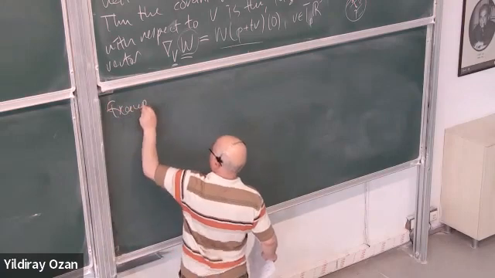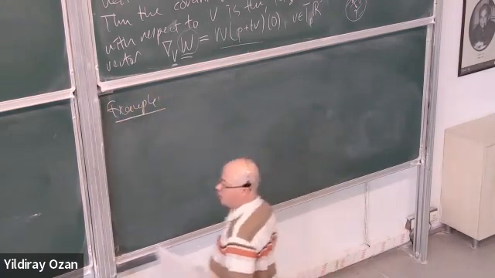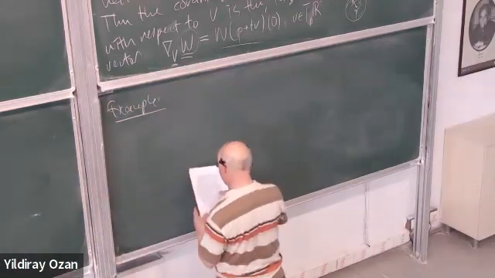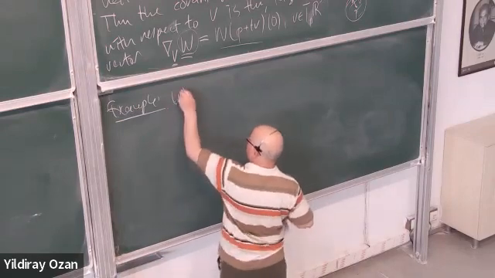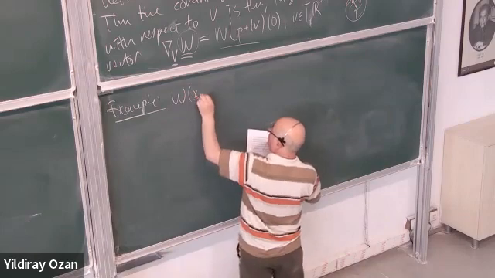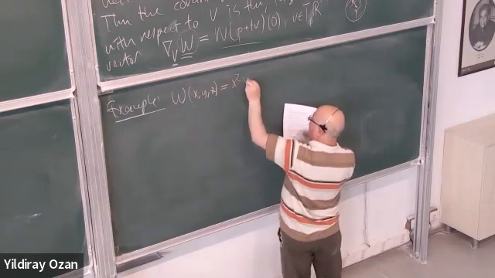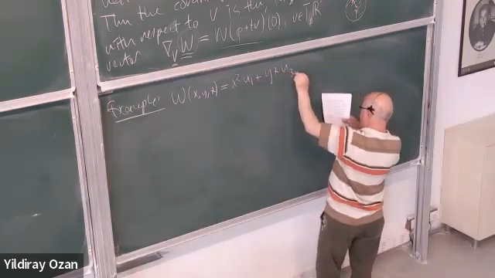Let's do an example. I will continue this once I am done with this covariant derivative stuff. So let's look at this. This is my vector field, let's say: x squared u1 plus yz u3.